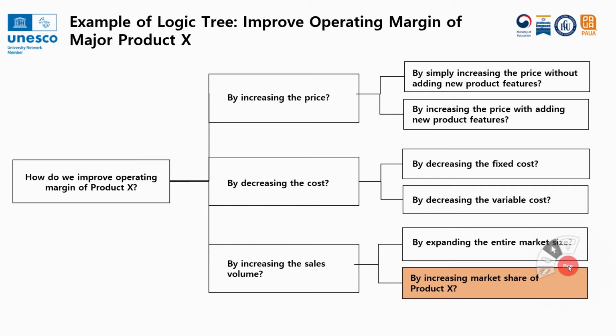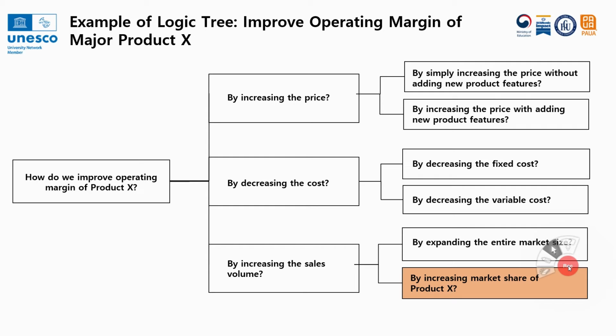What is a fixed cost? Fixed cost means that regardless of the sales volume, regardless of the production volume, the cost is fixed. So regardless of whether you produce a lot of volume or a small volume, the amount of the expenditure is fixed, the same.